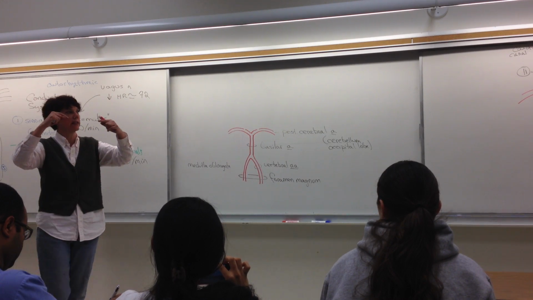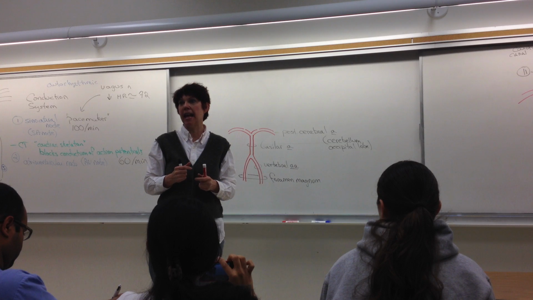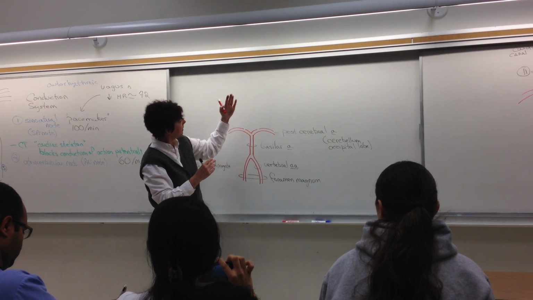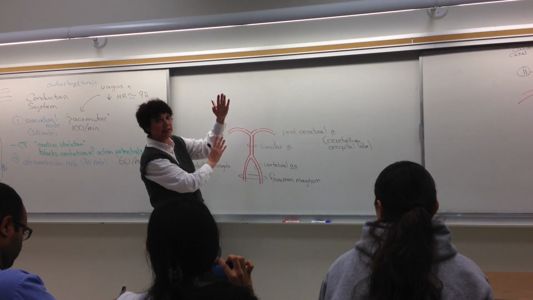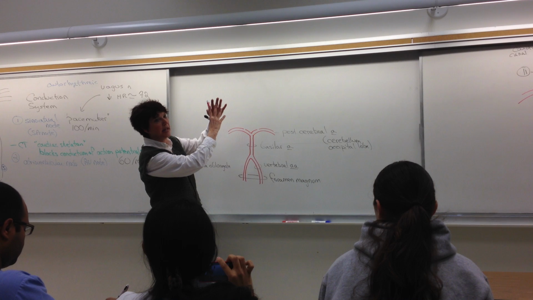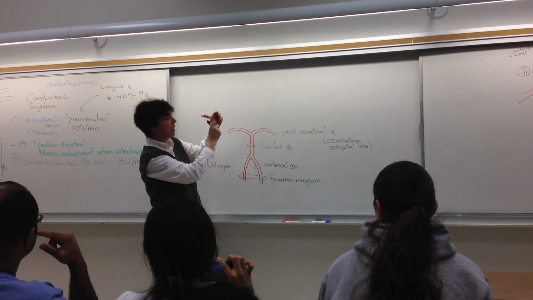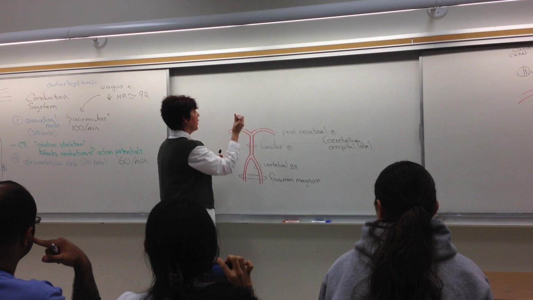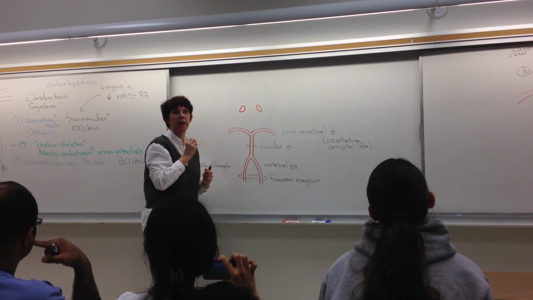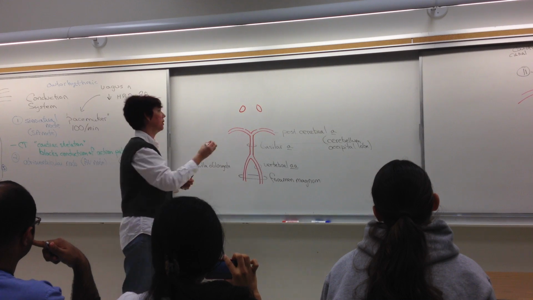The other pair of vessels coming in through the carotid canal are the internal carotid arteries. This is kind of hard to visualize sometimes because this is tilted this direction. Our brainstem is kind of tilted like this, and the internal carotid arteries are coming up through the carotid canal like this. And so when we see them in this view, they are actually kind of cut. So those are the cut surfaces of the internal carotid arteries.